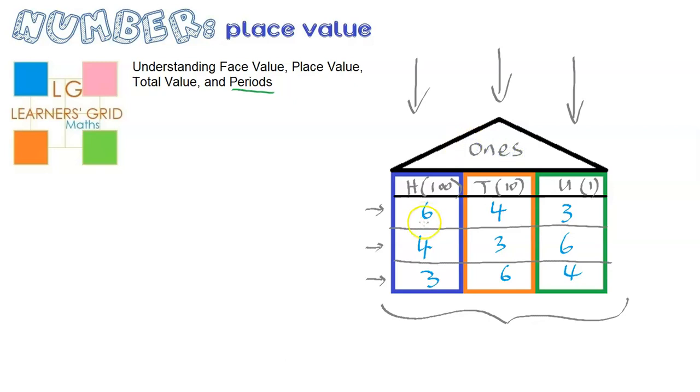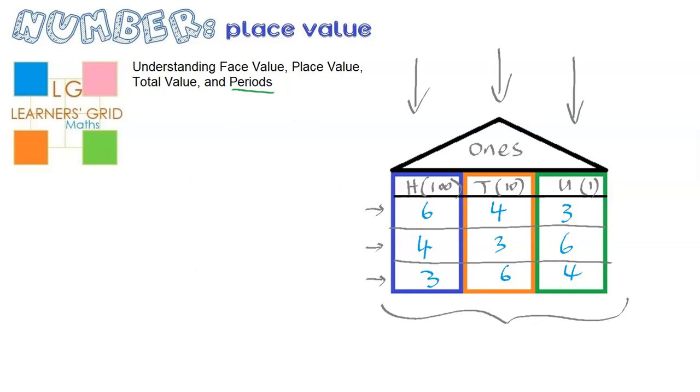So when we say 643, we could say 643 ones, but because it is just 1, we don't usually say the ones. You'll see what I mean a little later on when we have a different period to the side of the ones period.